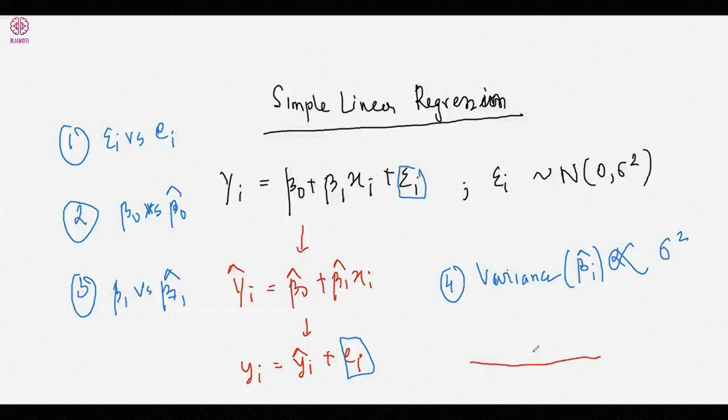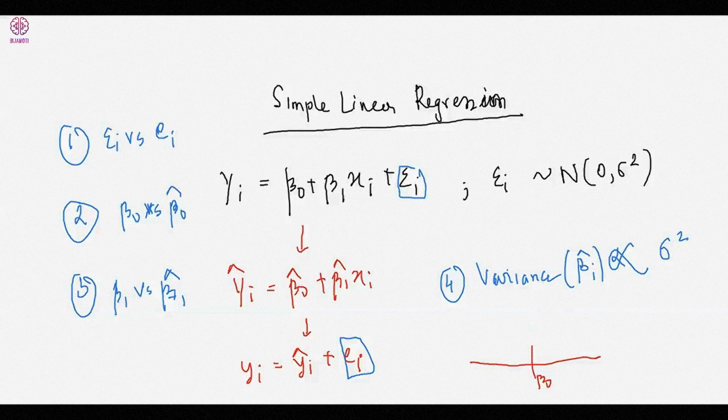So suppose beta naught is like this and beta naught hat is like this. Beta naught hat being closer to beta naught is diluted every single time sigma square is increased. So these four things we will show by experiment in R coding, by doing simulation.